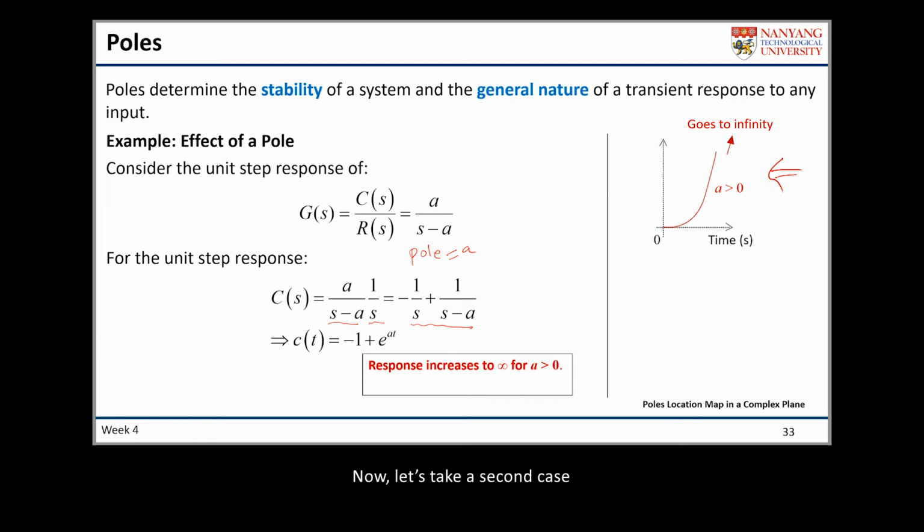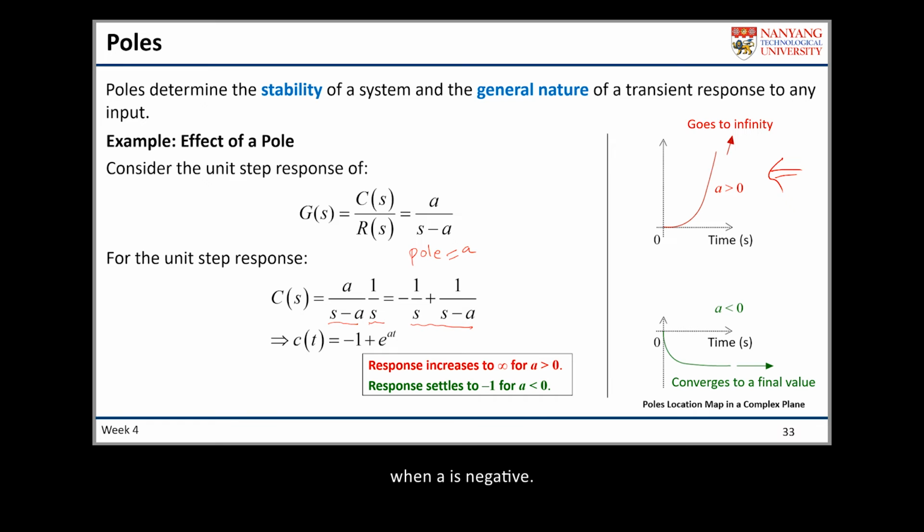Now let's take a second case when a is negative. When a is negative and t is increasing, we have the exponential of a negative number, let's say negative 10, times t. If t is approaching infinity, your exponential of a negative real number times t will tend to go to 0.